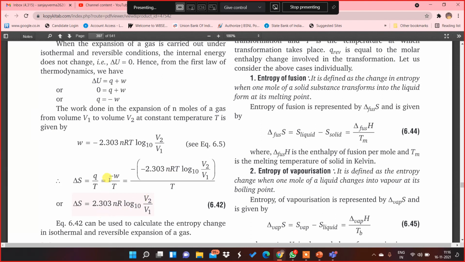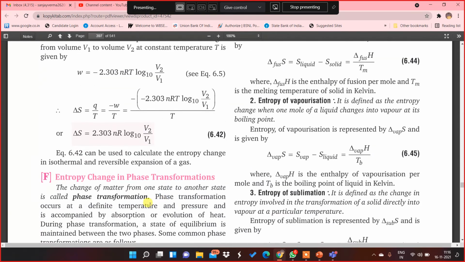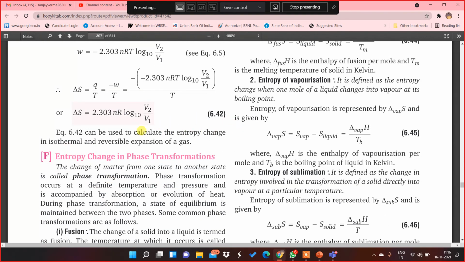We get a minus sign here, and there is a minus sign inside also. They will cancel each other and we get a positive sign. Delta S is equal to 2.303 nR log to the base 10 V2 by V1. So this equation 6.42 can be used to calculate the entropy change in isothermal and reversible expansion of a gas.